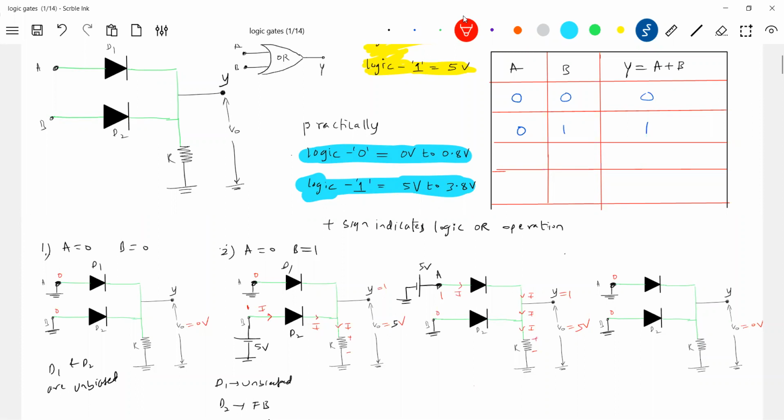Similarly, if I calculate here, it is the same situation. V naught equal to 5 volt. What is the state of diode D1? D1 is forward biased, D2 is unbiased. So therefore, what is the column? 1, 0. Logic A is logic 1, B is logic 0. We'll get 1.